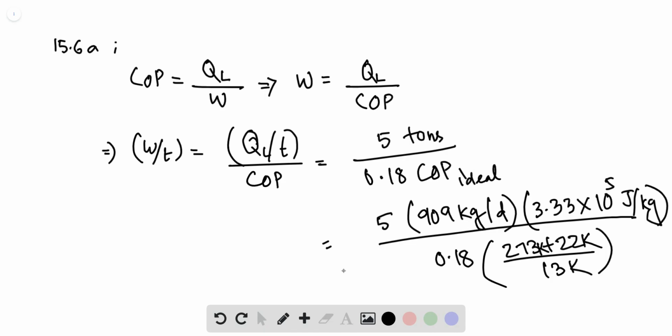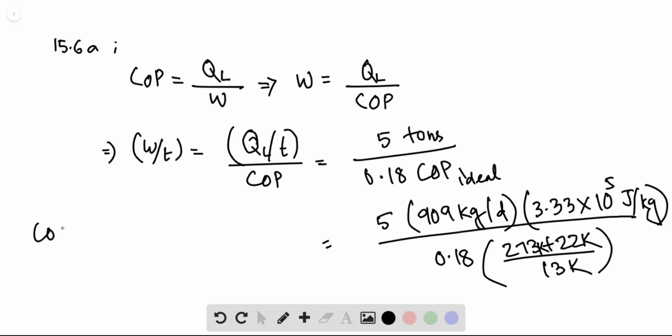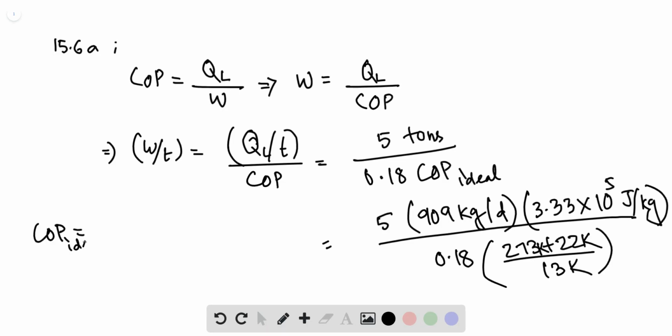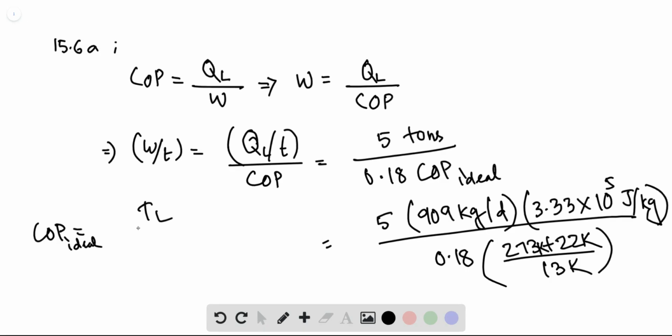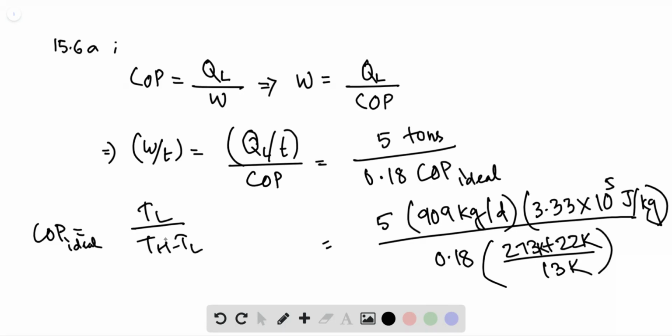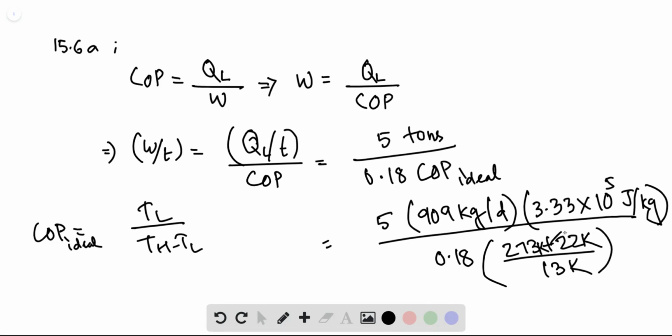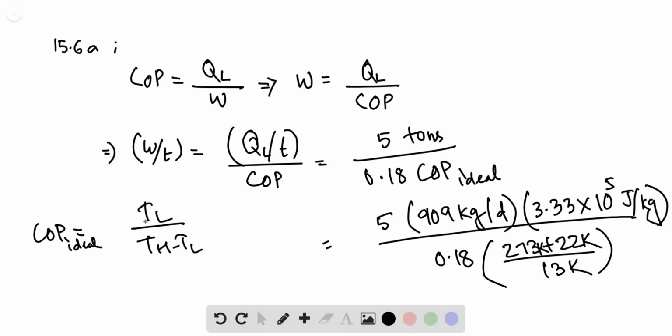So basically, let me just write down the formula. The ideal formula for COP is TL over TH minus TL. So this is actually the lowest range of temperature, I'm sorry about that. And we need both of these temperatures substituted in units of Kelvin, and that's the reason we added 273 to 22.